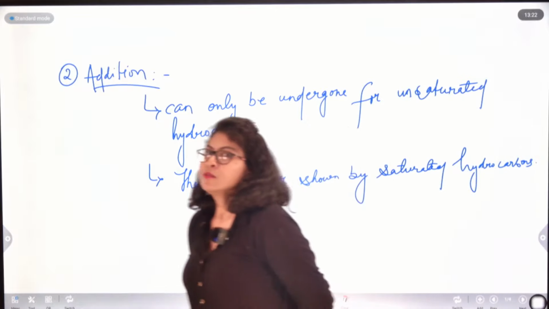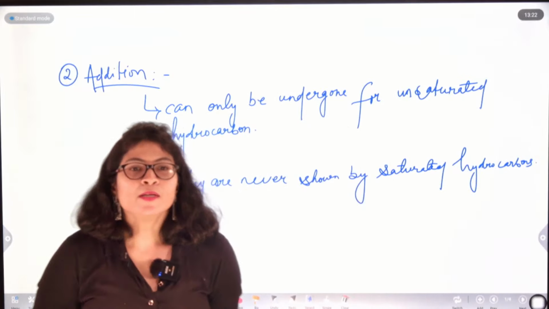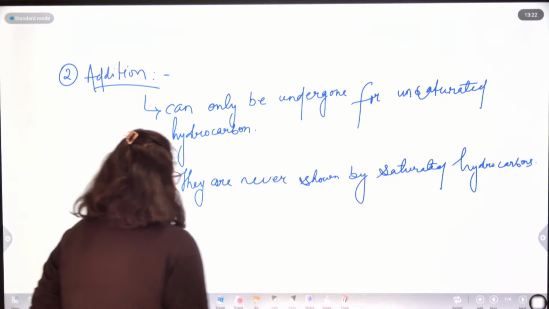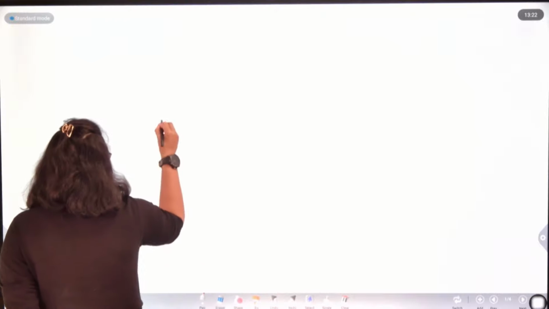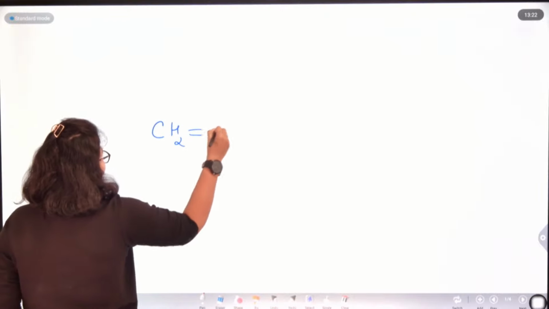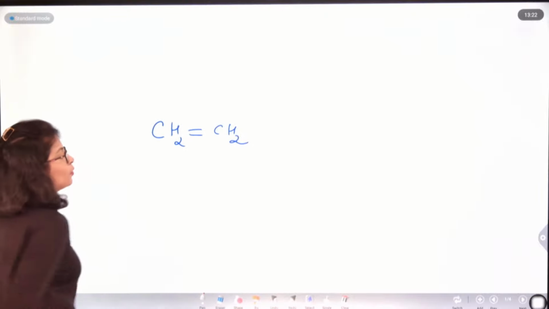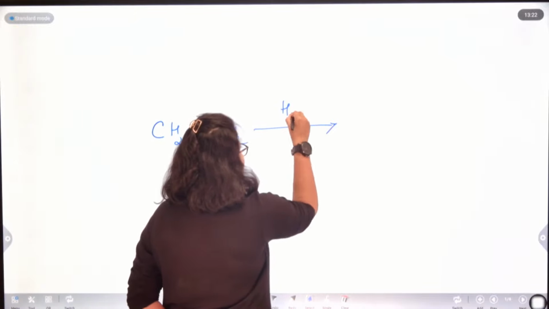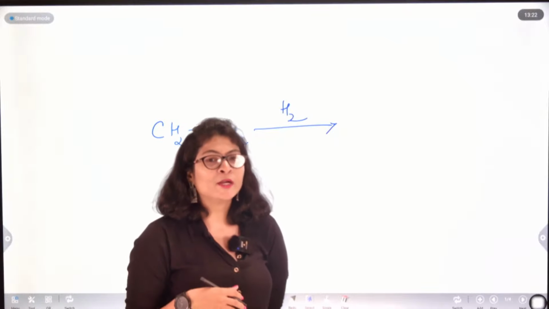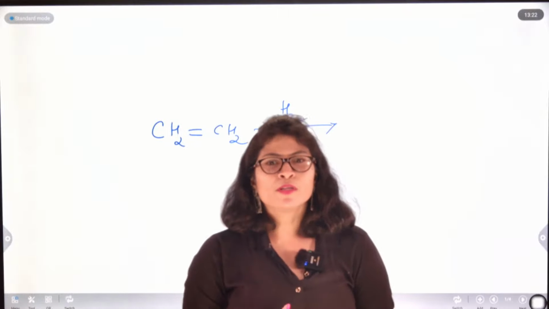Now, if we see an example, let us take an alkene, CH2 double bond CH2, and I'm adding hydrogen to it. For adding hydrogen, I need a catalyst. Now, what is a catalyst?